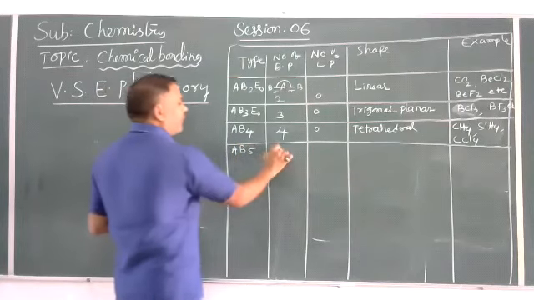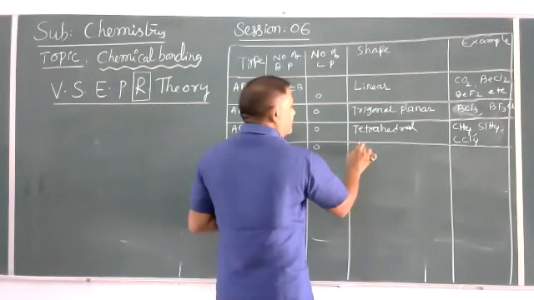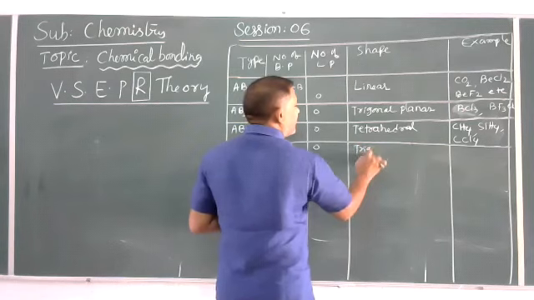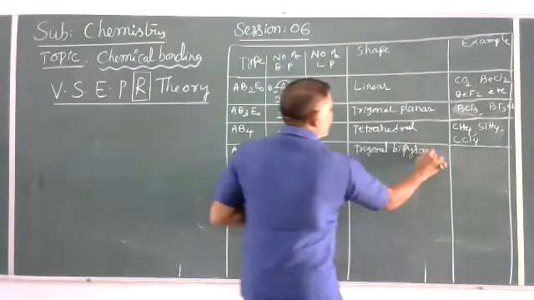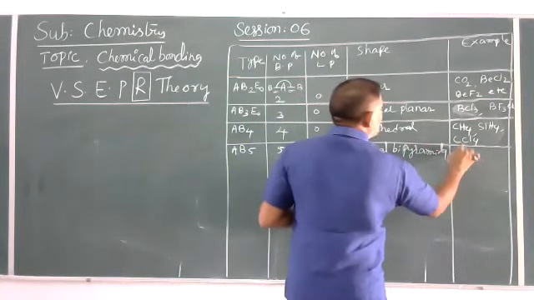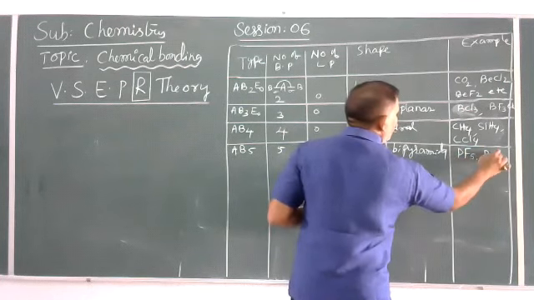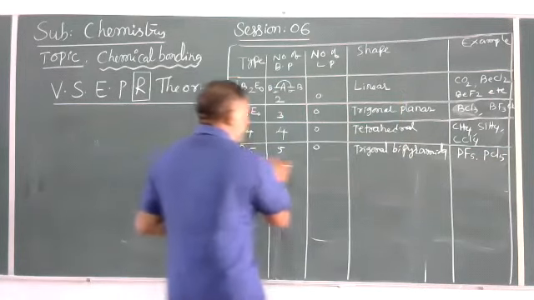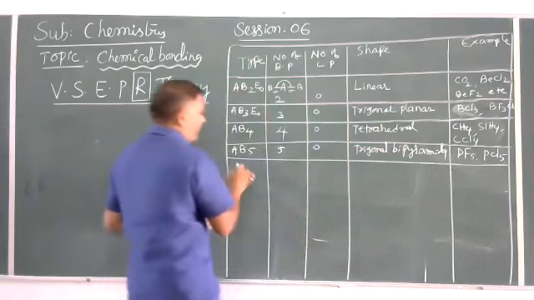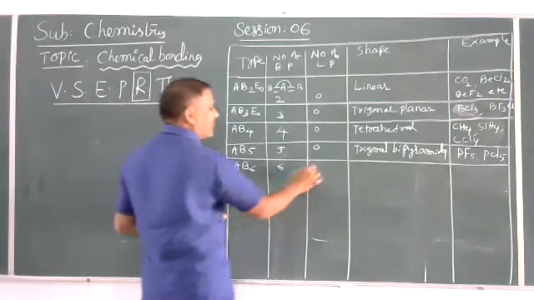The AB5 molecule has 5 bond pairs and lone pairs 0. It is a trigonal bipyramidal structure, like phosphorus pentafluoride and phosphorus pentachloride. Now the AB6 model: no lone pairs, 6 bond pairs only.